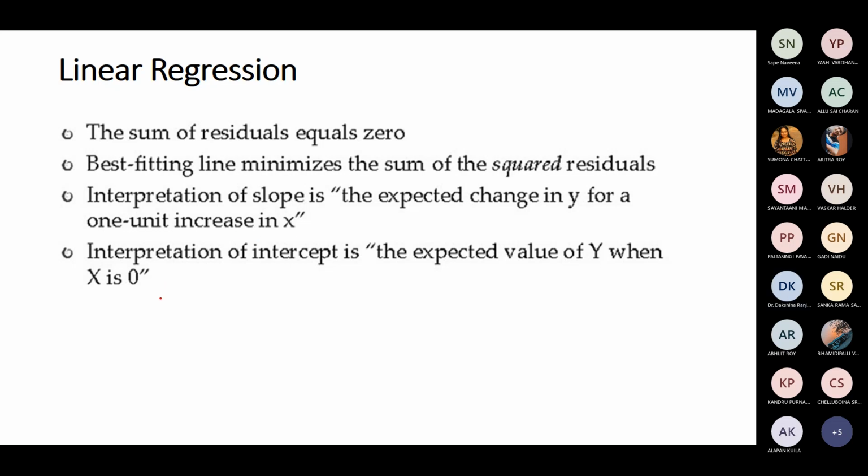Similarly, we can say the expected value of y when x is found to be 0. So as I said, when we find that x is 0, then we will get the expected value as the intercept.